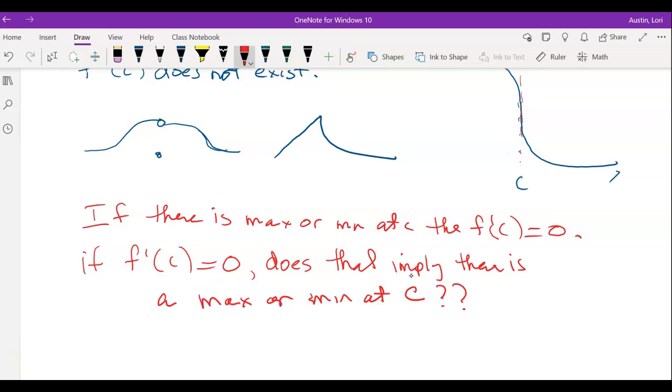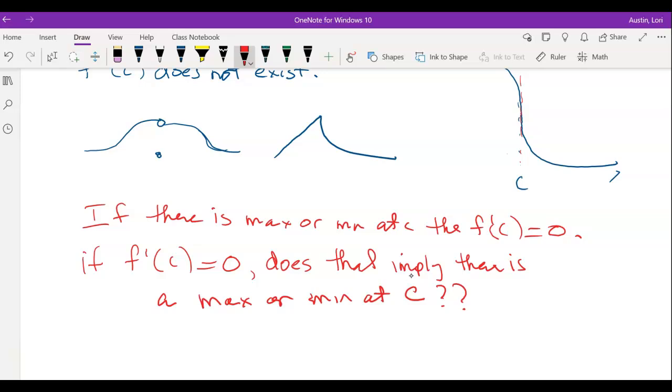So we're good with, hey, if there's a max or min, we know f prime of C equals 0. Can you think of a situation where f prime of C does indeed equal 0, but it's not a max or min? In other words, if f prime of C equals 0, can I guarantee it's a max or min?